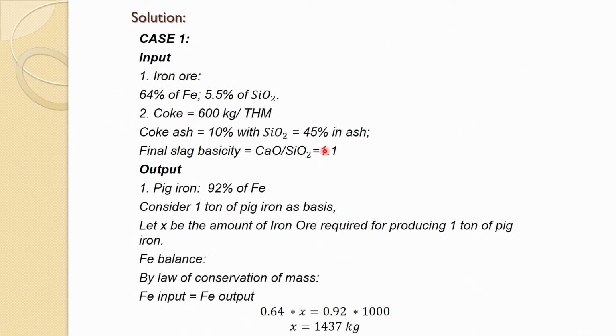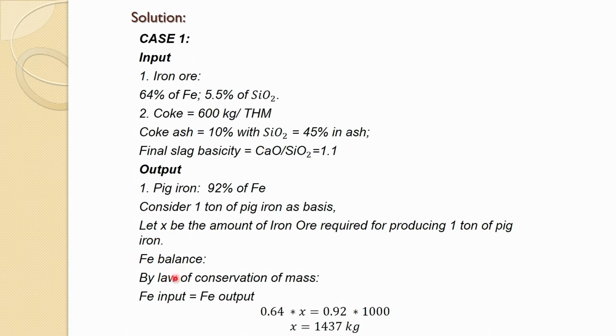So, we have to do a bit of mass balance, to see how much ore we actually need. Pig iron contains 92% iron. If we consider 1 ton of pig iron as a basis, let X be the amount of iron ore required for producing 1 ton of pig iron.